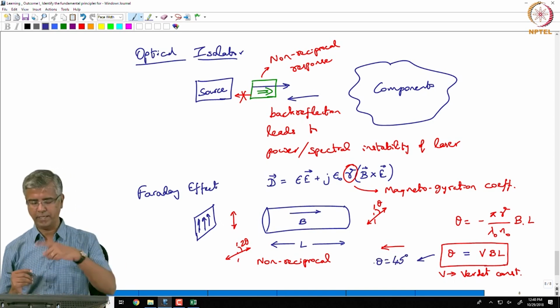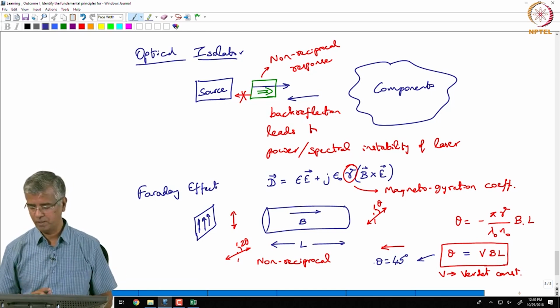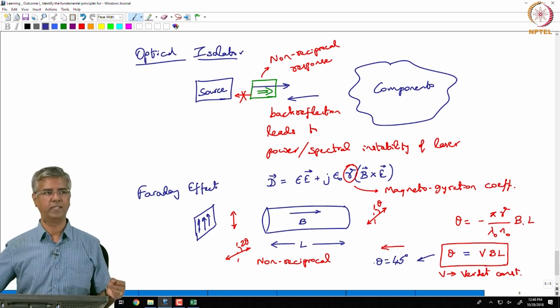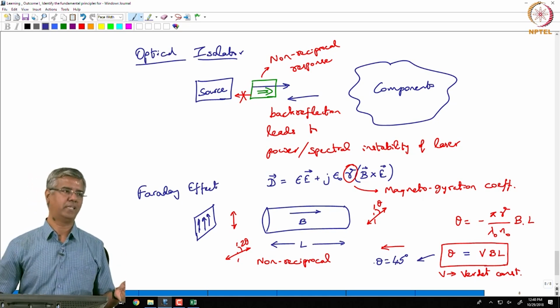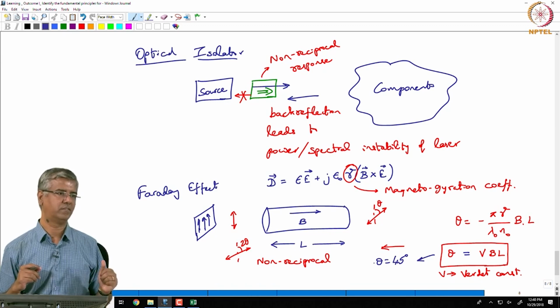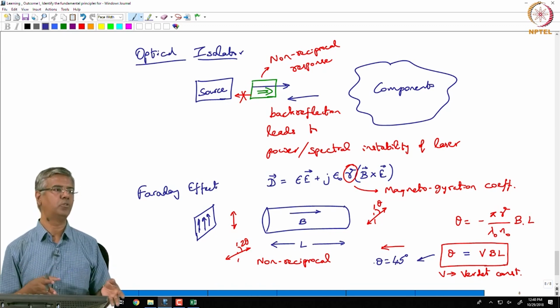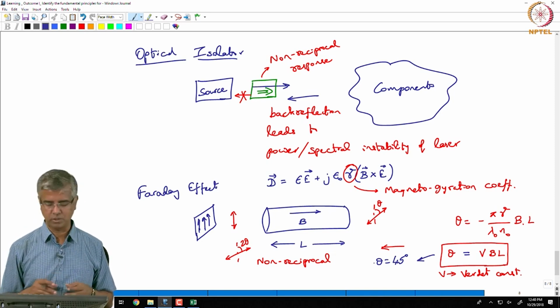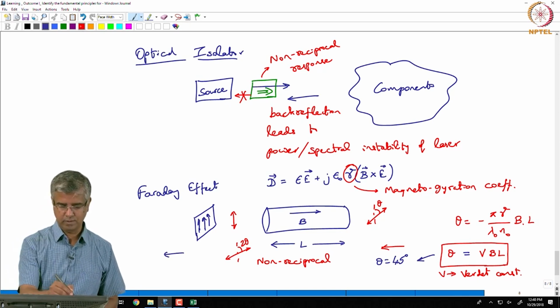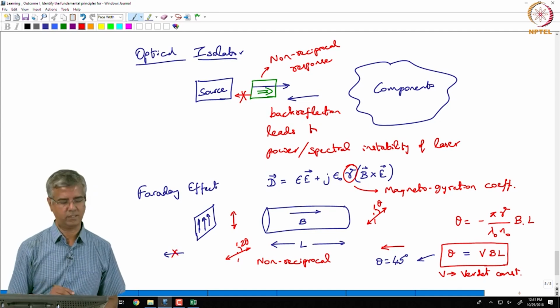So, you have rotated your polarization by 45 degrees going from left to right, but coming back it would have rotated 90 degrees with respect to the original polarization, right. And then when that goes into the polarizer, what happens? That would have been absorbed, right. So, you would not have any light going in this direction.